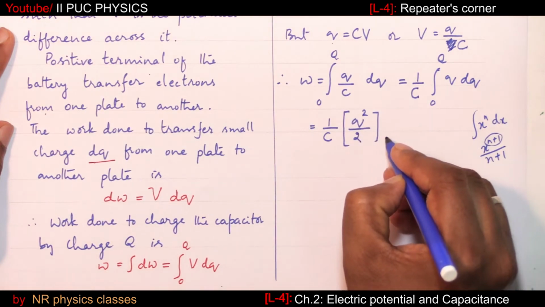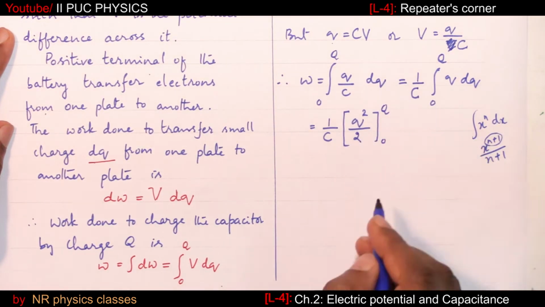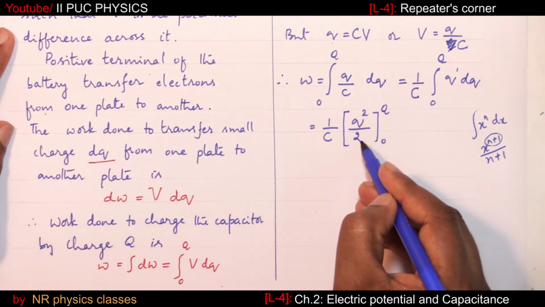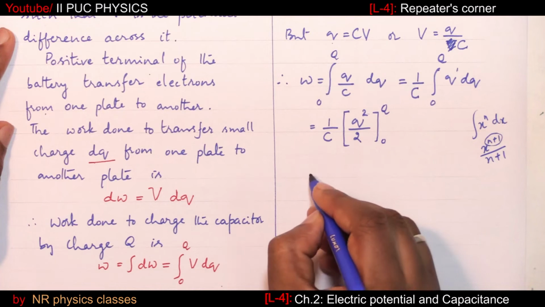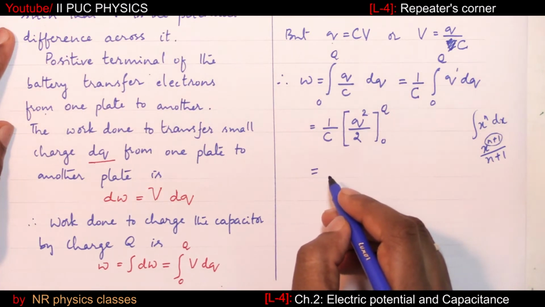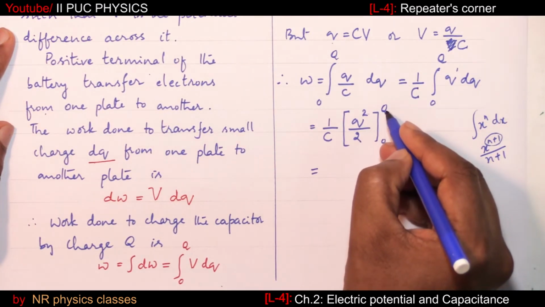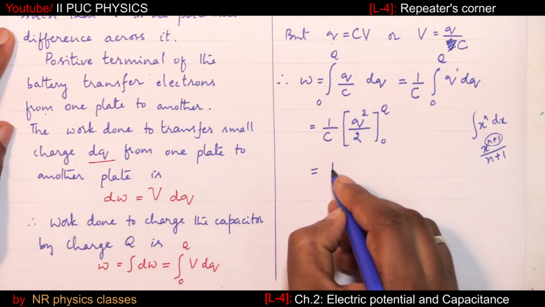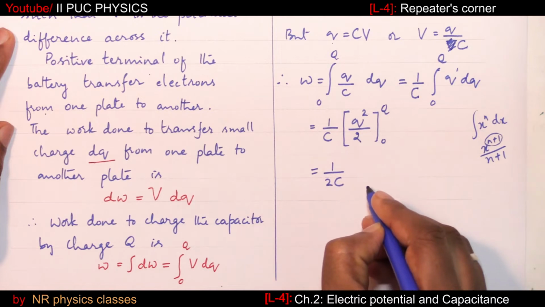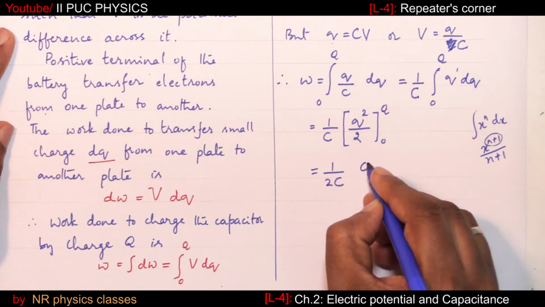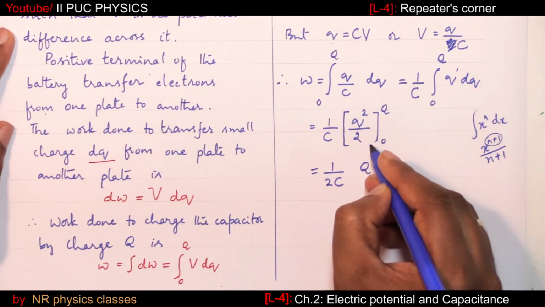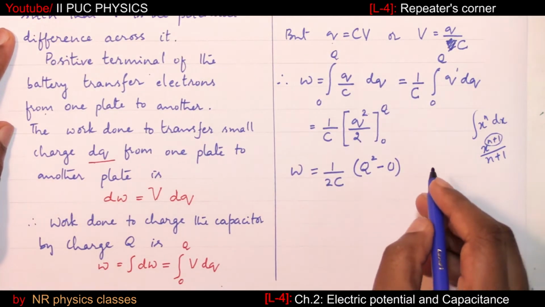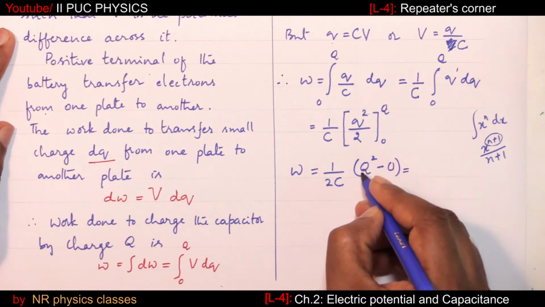After integration, write limits 0 to Q. It is q to the power of 1, 1 plus 1 is 2. That same exponent is in the denominator. Now substitute upper limit: 1 by 2C, Q square, minus substitute lower limit 0, which is equal to Q square by 2C.